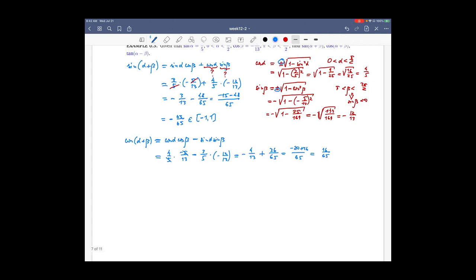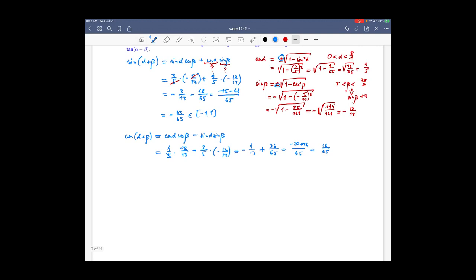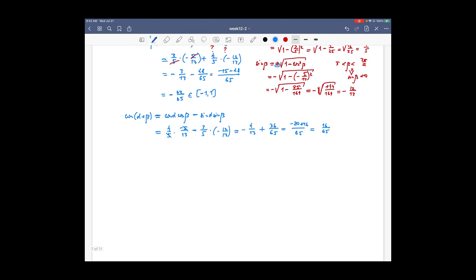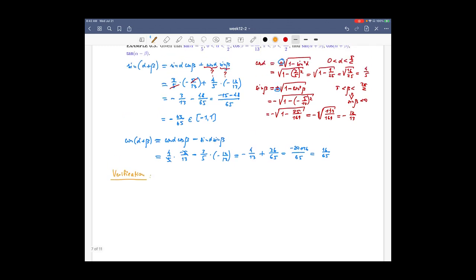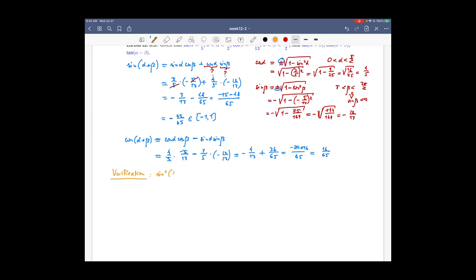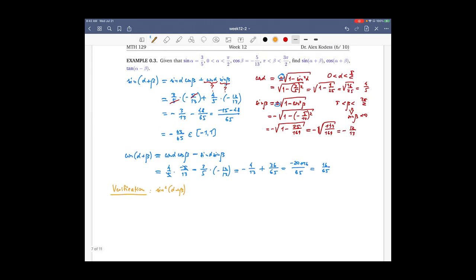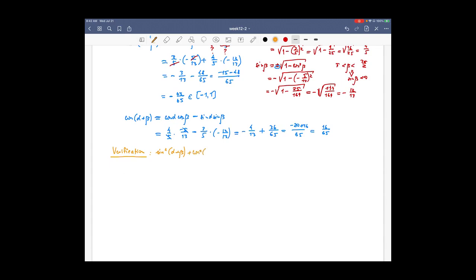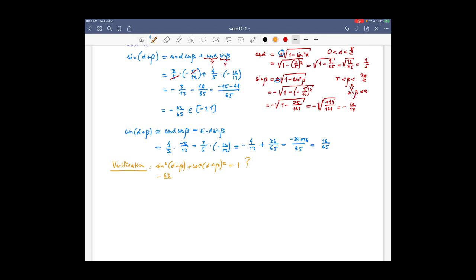I would also do a small verification here, that sine squared of alpha plus beta plus cosine squared of alpha plus beta add up to 1. It might be a little tedious, but it's worth doing. So we are checking whether negative 63 over 65 squared plus 16 over 65 squared equals 1.